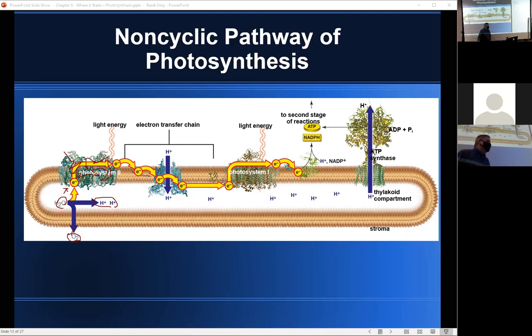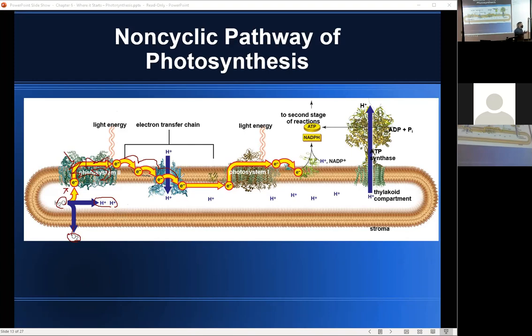So we talked about 2 electrons being ejected from P680. They're going to enter an electron transport chain here. Those electrons are going to be passed from one component to the next in the electron transport chain, going to lower and lower energy levels each time.